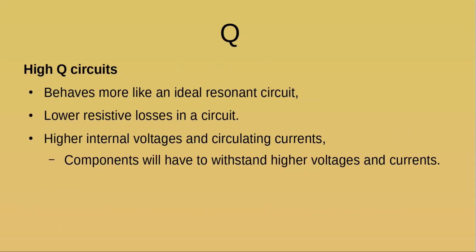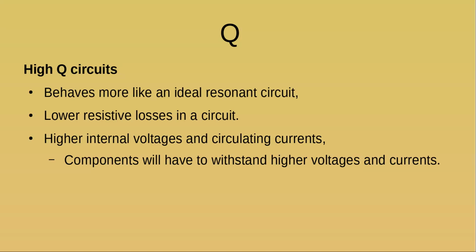High Q circuits tend to behave more like the ideal resonant circuit because they have very low loss. That's the key there, lower resistive losses in the circuit. They'll have very high internal voltages and circulating currents, the higher the Q. In that earlier chart, you saw where with 1 volt in, we were getting plus or minus 20 volts across the inductor and capacitor.